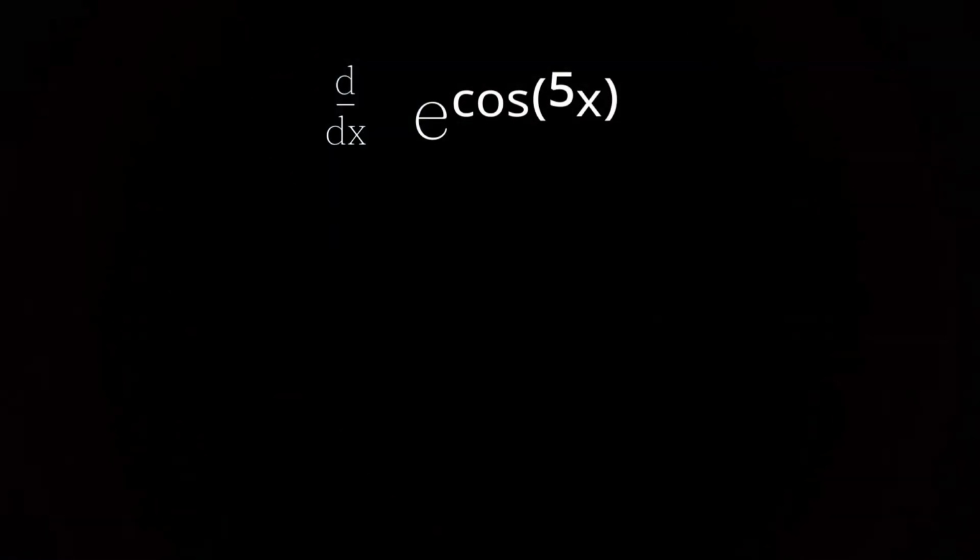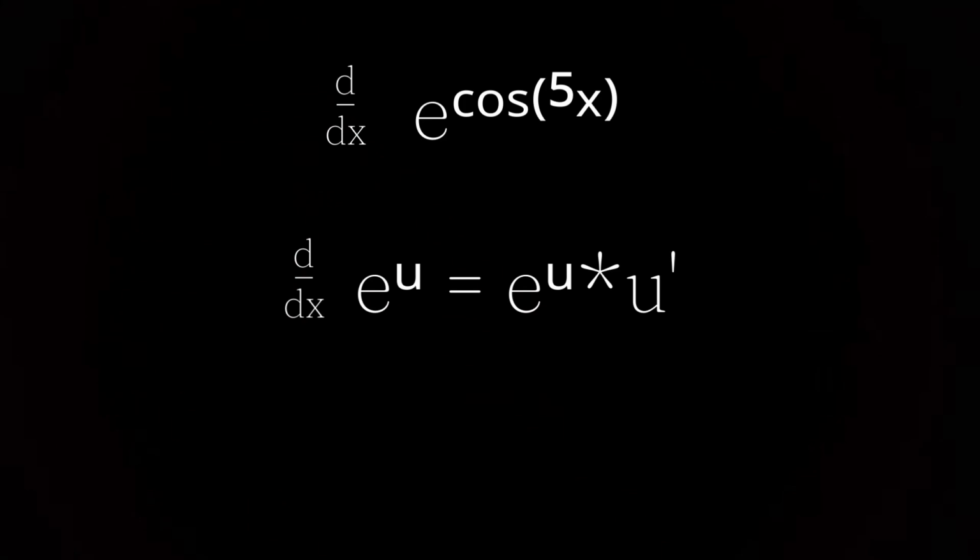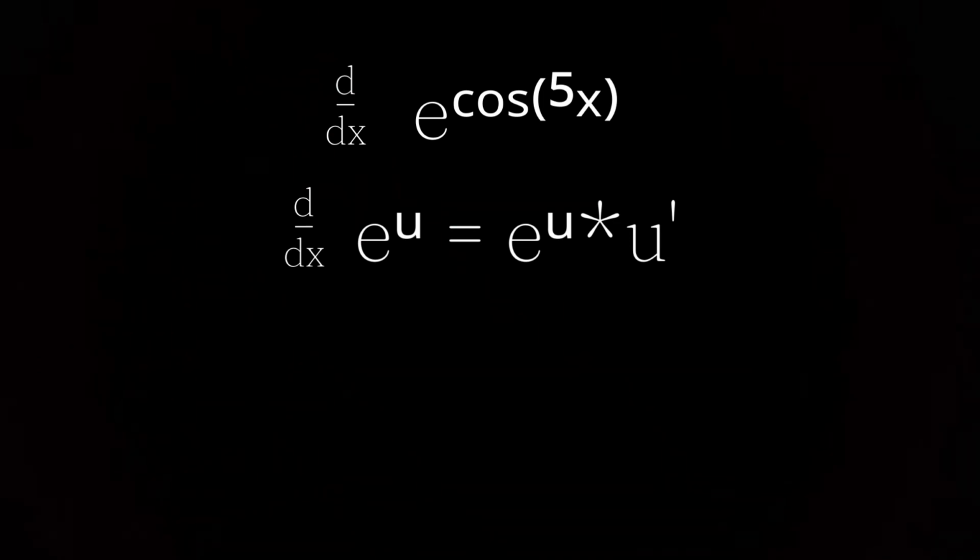Lastly, for the chain rule, we will be having e raised to the cosine of 5x. For e raised to cosine 5x, the thing that we need to know is that the derivative of e raised to a term, let us say it is raised to u, must be equal to e raised to u times the u prime. Now we have u is equal to cosine 5x.